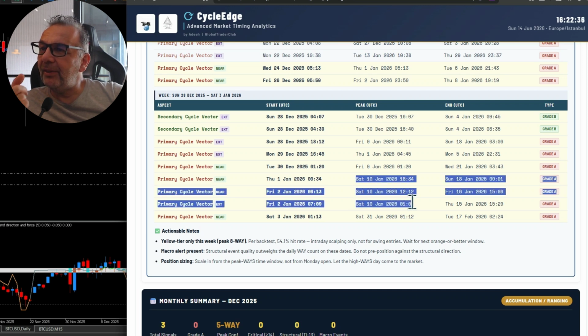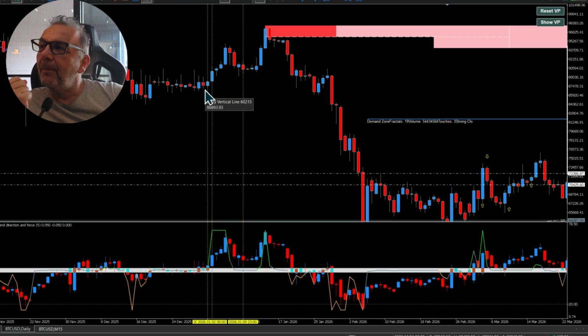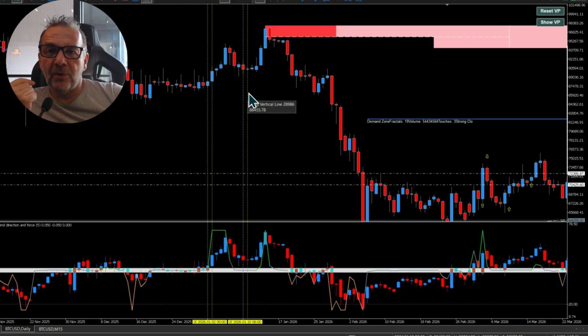Peaking out on the 10th here. 1st, 2nd. Market goes up. Comes back into the 9, 10. What do you see here in the cycle? It's a short-term cycle. History repeating itself.